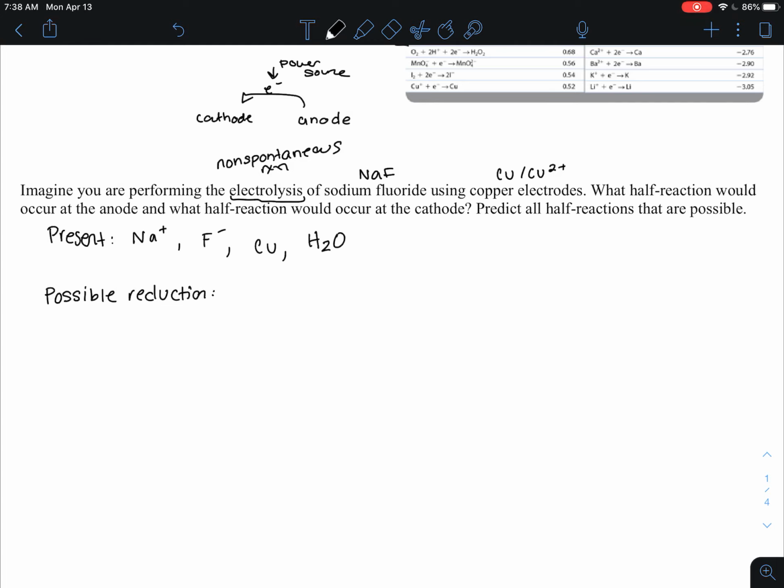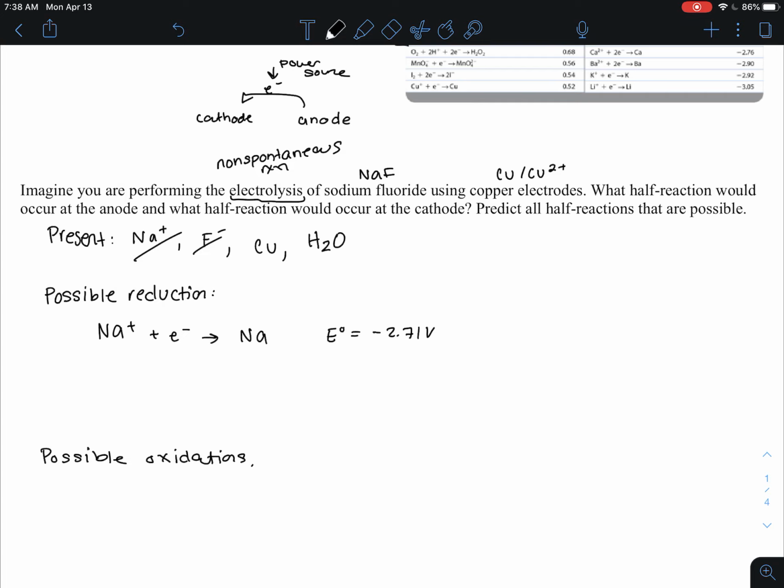So, possible reductions. Now again, because this is an electrolytic cell, electrolysis, it's non-spontaneous. So we know that the sodium is being reduced. So Na plus an electron goes to sodium, and the cell potential is negative 2.71 volts.